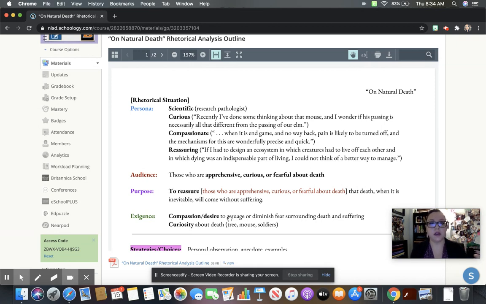So for persona, we talked about his name, Lewis Thomas. He is a research pathologist. Obviously, he has that area of expertise. He's curious, right? Recently, I've done some thinking. He says, I wonder, several times. He's compassionate. He's reassuring. He's also very much validating.